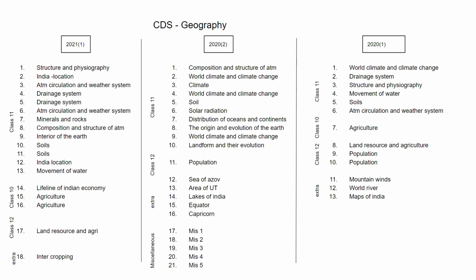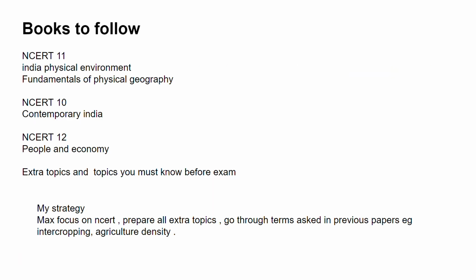Now moving to the sources, here are the sources. First, you need to prepare NCERT 11th, India's Physical Environment, Fundamentals of Physical Geography. All the screenshots that I used in the video are from NCERT. Next is NCERT 10th, Contemporary India.